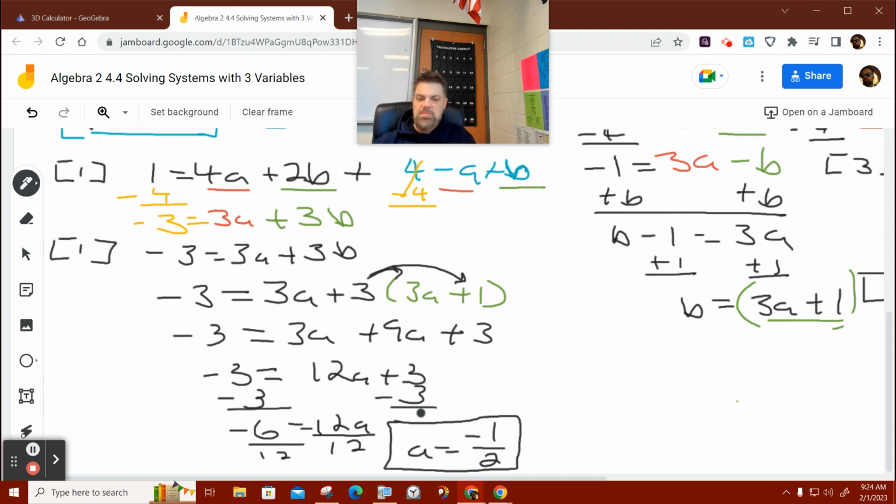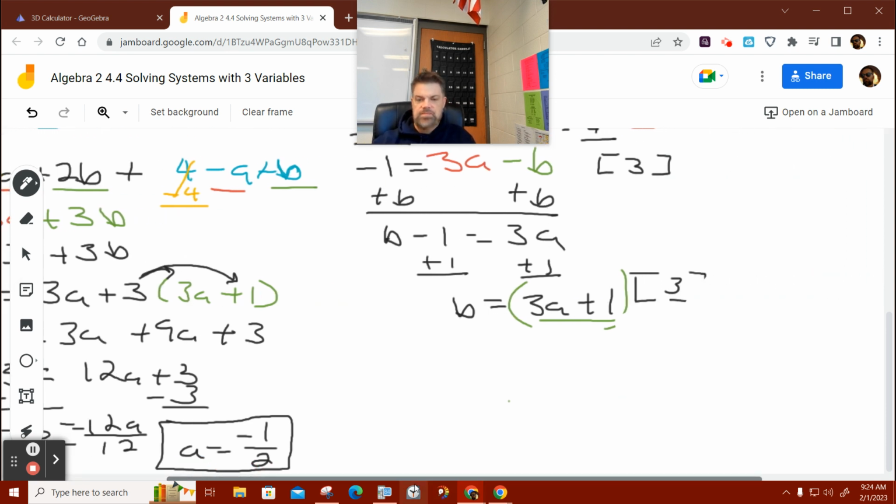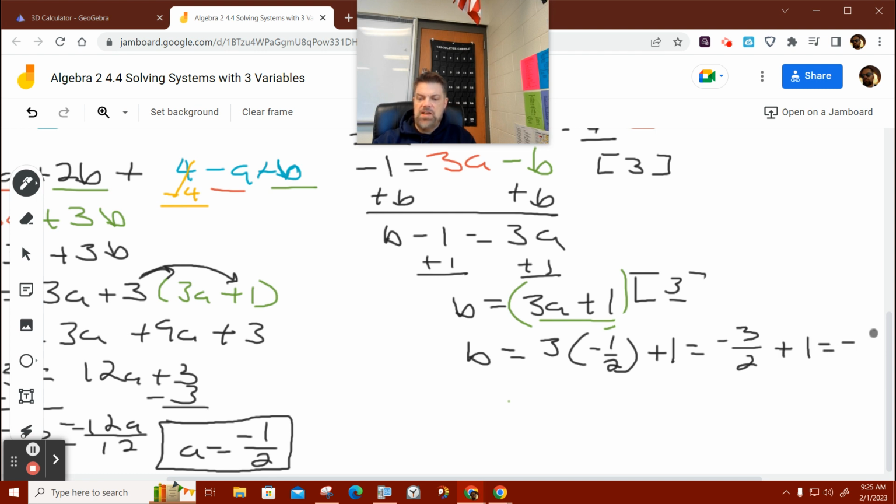Now, if I want to find B, I just have to find an equation that's solved for B. Well, this one's solved for B, so I could say B is equal to 3 times A, which is negative 1/2, plus 1. That's negative 3/2 plus 1, which is actually equal to negative 1/2. Now, I'm doing this in my head.